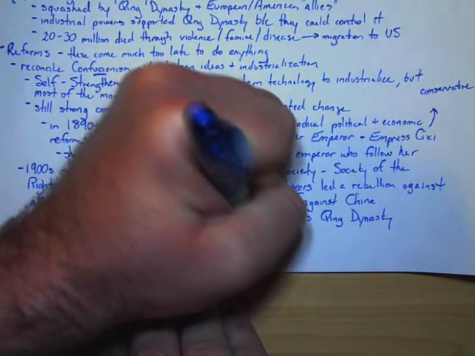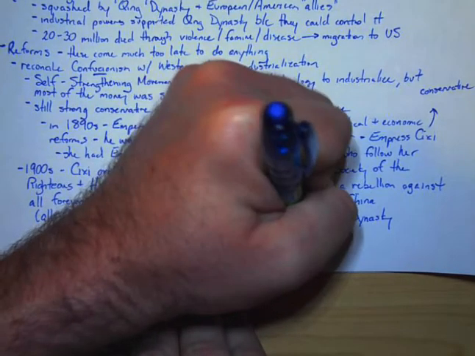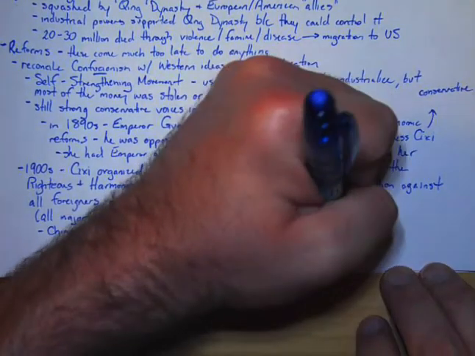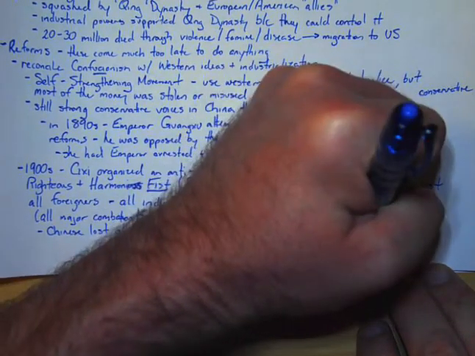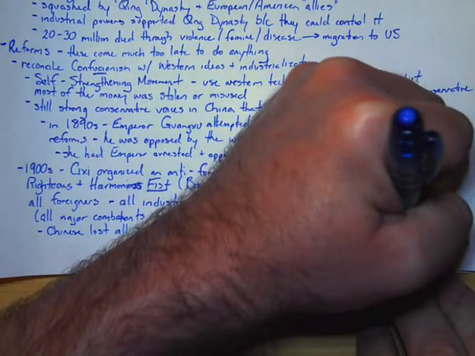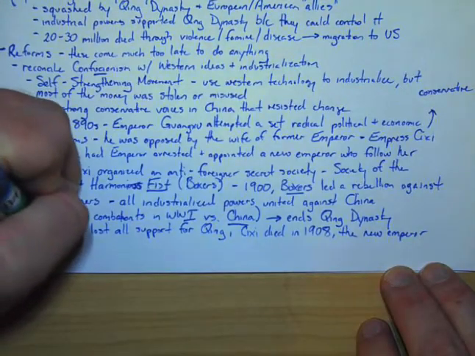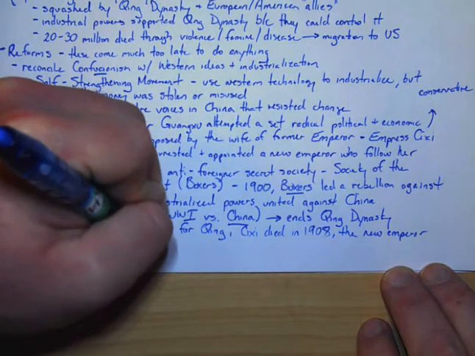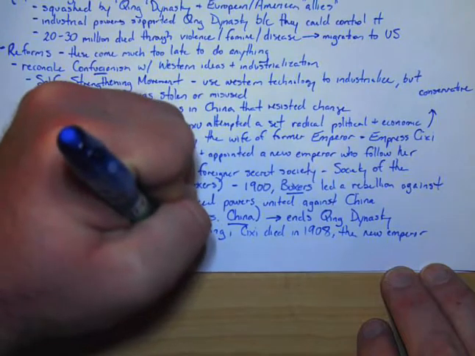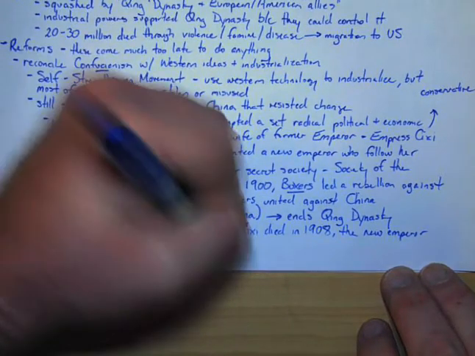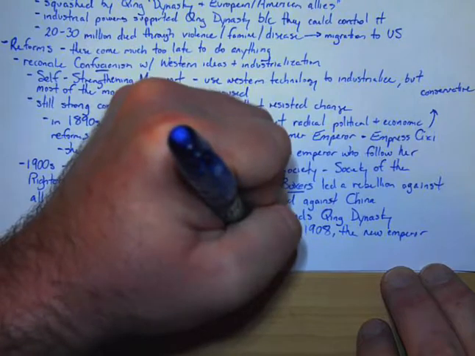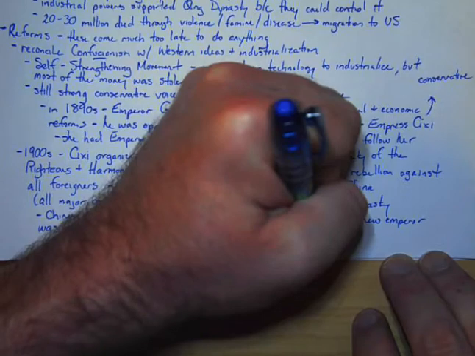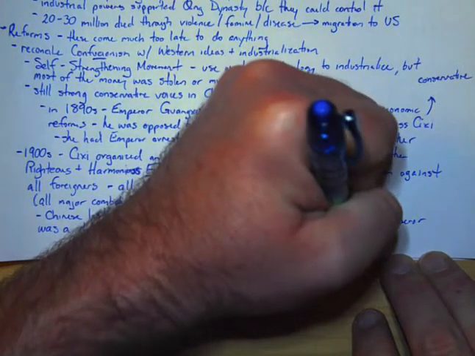And when Cixi died in 1908, the new emperor was a child, and he was pretty easily deposed. And so in 1911, China becomes a republic.